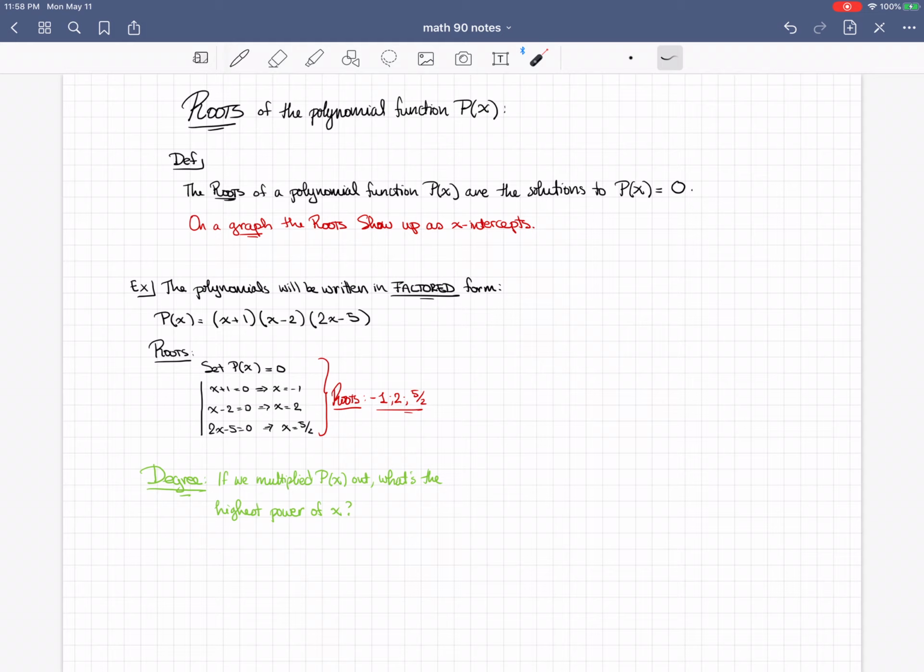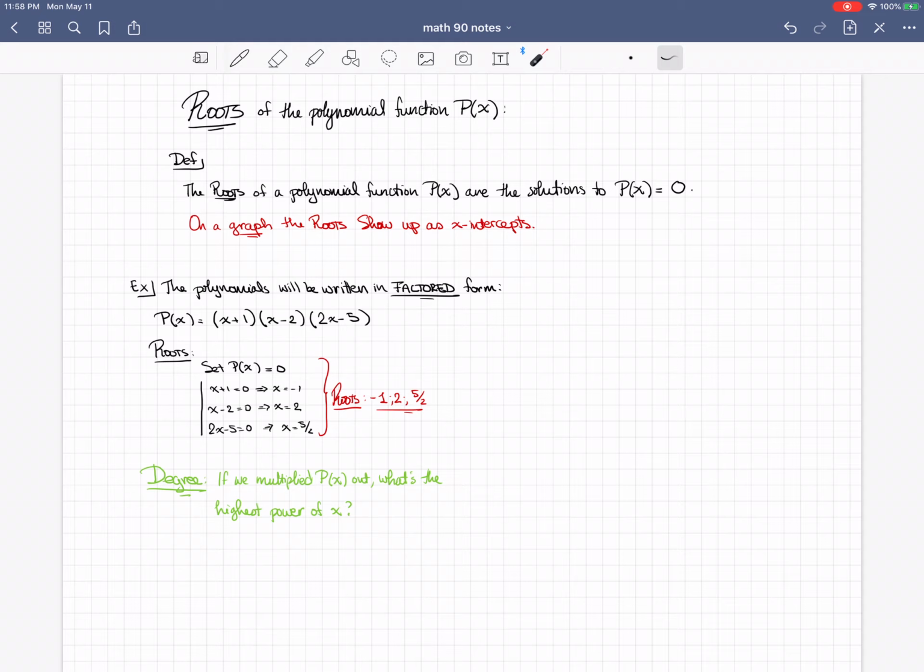You're going to be multiplying x's by each other and then by constants. For instance, you could multiply x first by negative 2, and then multiply that by 2x. So you're going to be multiplying combinations of x terms and constant terms.